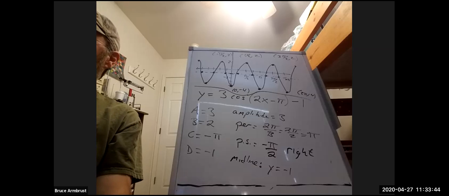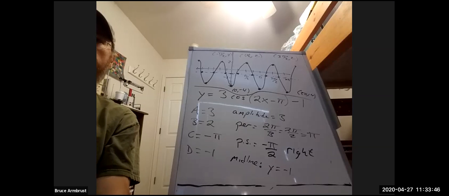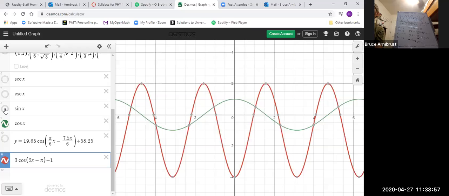All right, so let's go see how this compares to what Desmos says. So I'm going to share my screen again. And what you should see now is a graph of cosine. Just regular cosine is this kind of greenish one. And then we've got the graph of 3 cosine of 2x minus pi, minus 1.